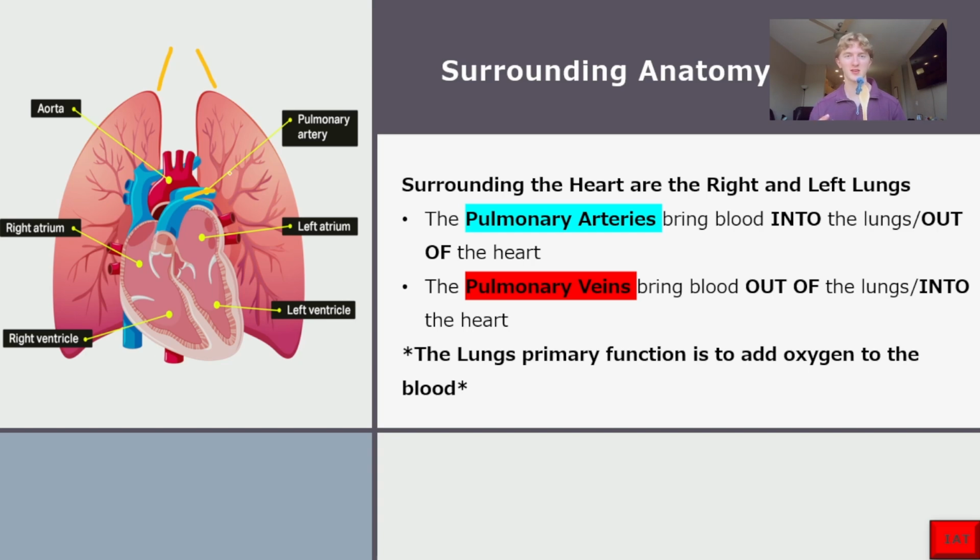So, it's going to take oxygen and get rid of CO2, which is just a waste product. And then once the blood has received the oxygen, it will return to the heart via the pulmonary veins. We can see that the pulmonary veins are going to be red. So that means that the blood in them is oxygenated, right? It's coming in here and is oxygenated. So it is red.